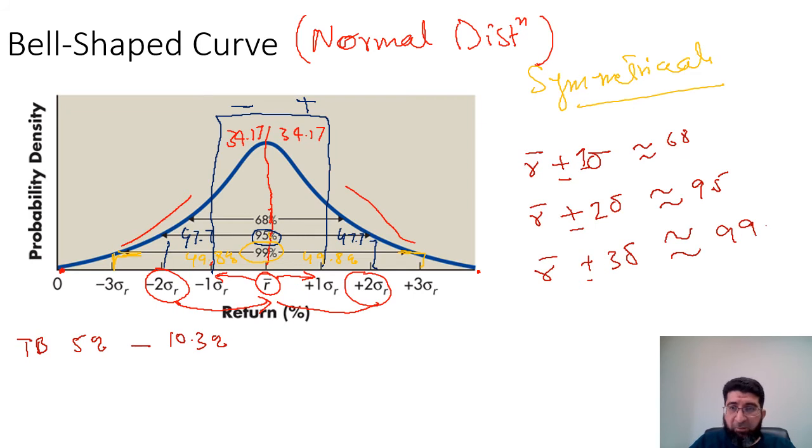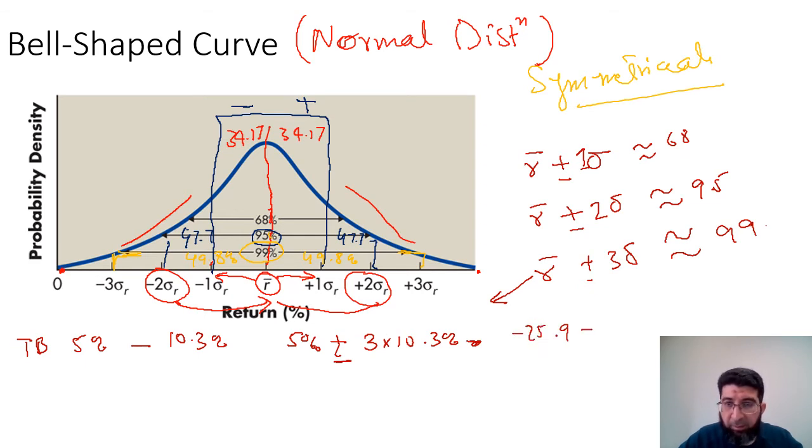If I insert this for, let's say, 99%, that will be 5% plus or minus 3 multiplied by the standard deviation of 10.3%, and that will give us a range of minus 25.9% to plus 35.9%.